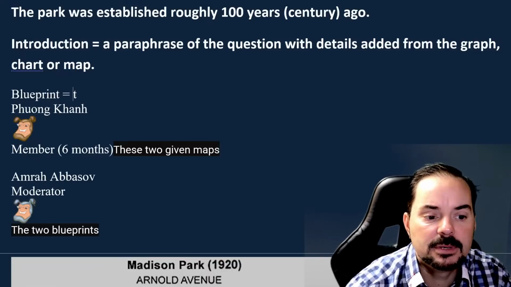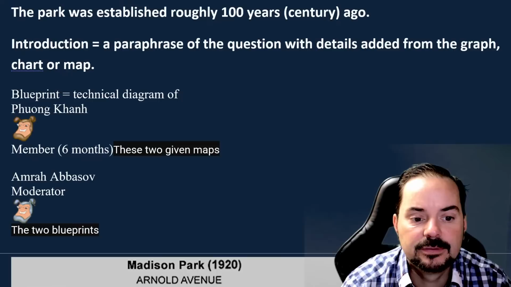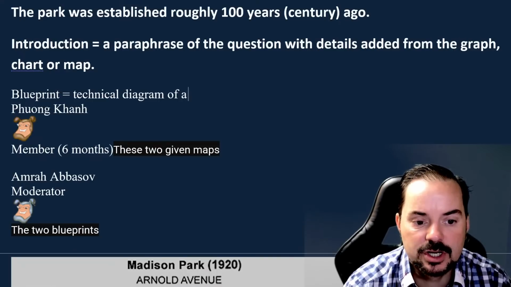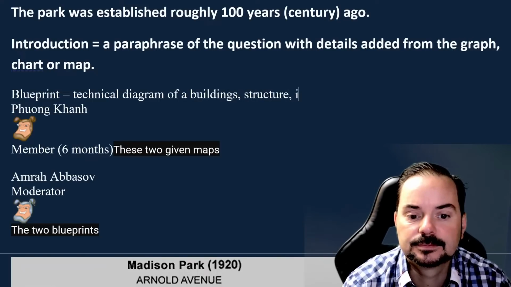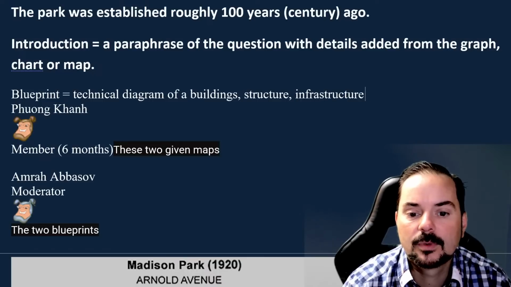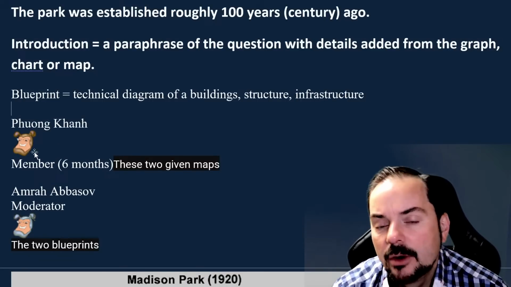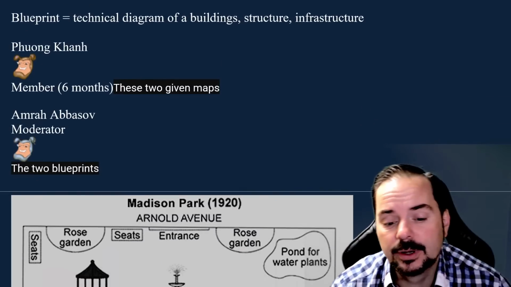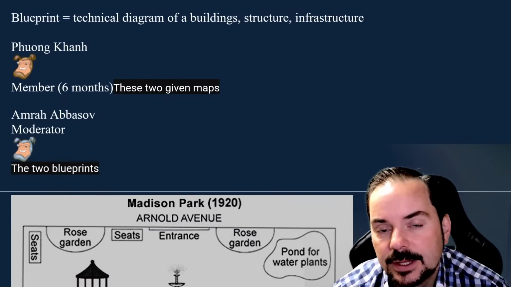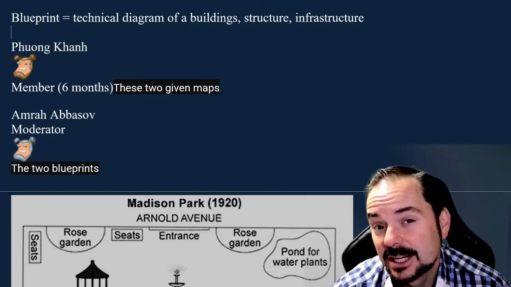So a blueprint means a technical diagram of a building or structure, or infrastructure. It's usually done by an engineer. Realistically, these actually aren't quite blueprints, so it's okay to use the word blueprint on the IELTS, but you should know that a blueprint is more technical.